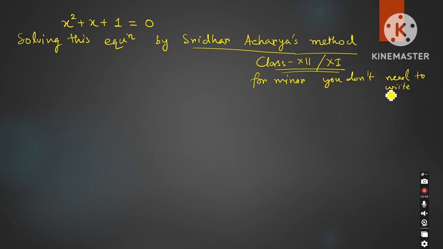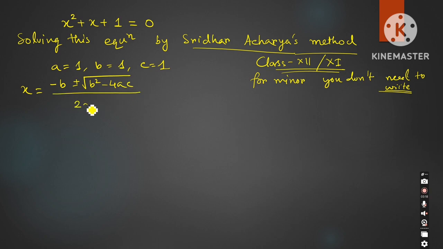Okay, so here a equals 1, b equals 1, and c equals 1. Therefore we can write x equals, the formula stands, I am writing it, minus b plus minus root over b square minus 4ac divided by 2a. From this we can write minus 1 plus minus root over 1 square minus 4 into 1 into 1, divided by 2 into 1.